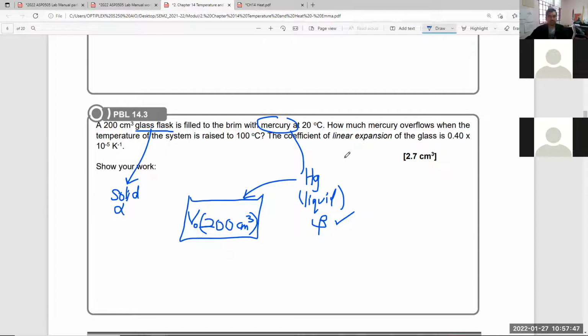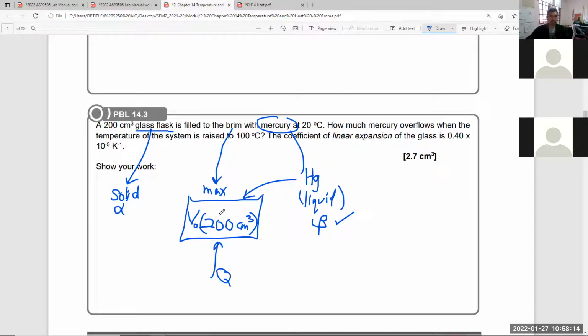So if we fill up to the maximum, the mercury also has 200 centimeter cubed, because it is filled to the brim, which is the maximum. It means equal volume. What happens if we apply heat and raise the temperature to 100 degrees C, initially at 20?